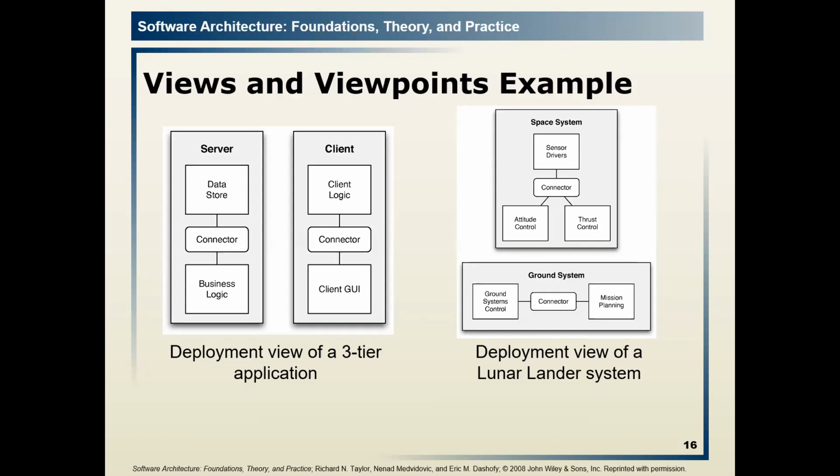So in the space system, you will have sensor drivers, connectors, attitude control, and thrust control components, so different program modules there. Then on the ground system, you will have the ground system controls, the connectors, and the mission planning.